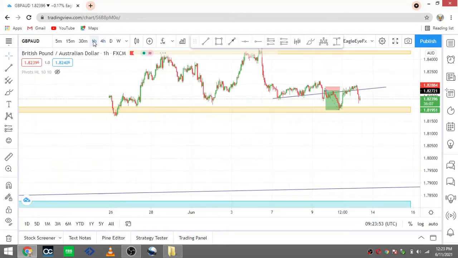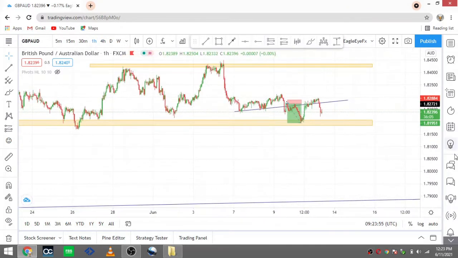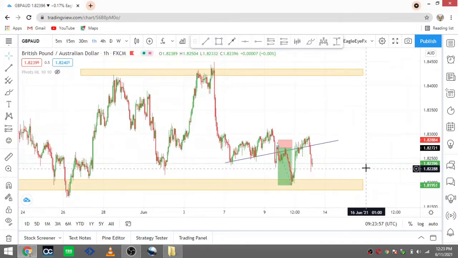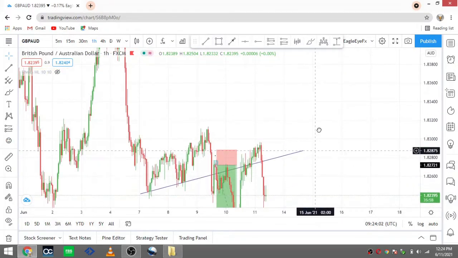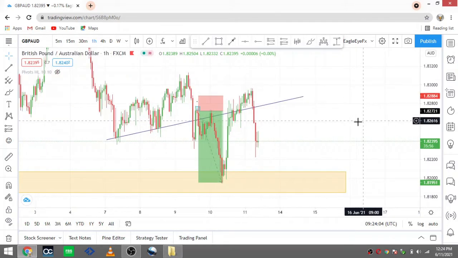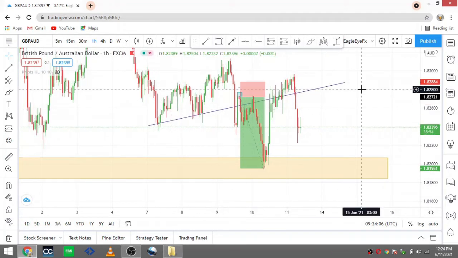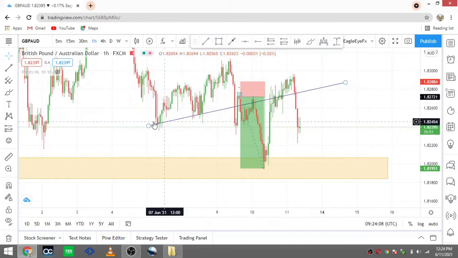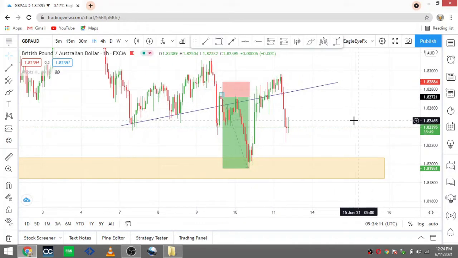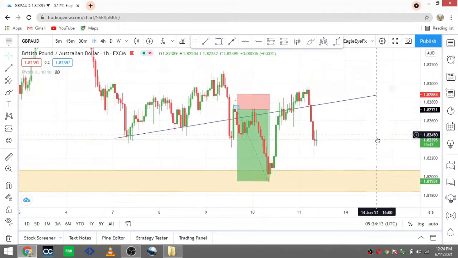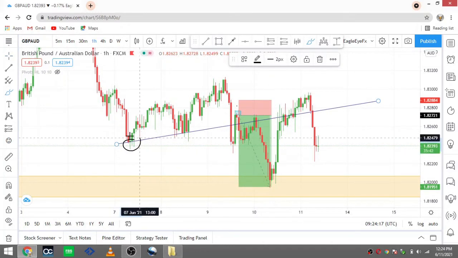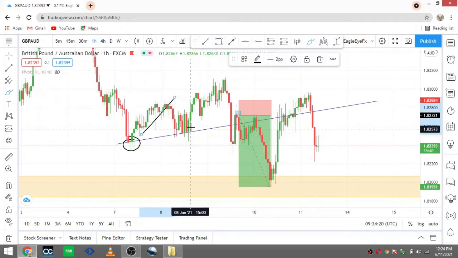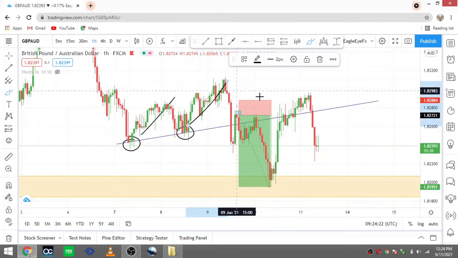On the 1-hour time frame, I drew this supporting line here because I had observed something: anytime the market reaches here, it goes up. Here, it goes up. But now I observed something.